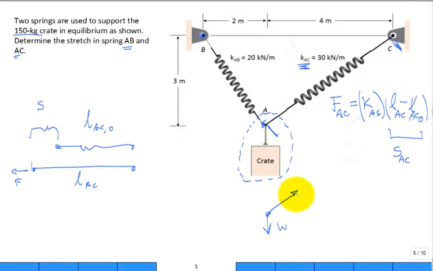It'll be a tension force in the spring A to C, and a tension force in the spring A to B. Does that make sense? Or you do it this way. You don't draw the big circle that way. You just draw a little circle here, and then you did a free body of the crate, and you know that the weight of the crate is the tension in this cable coming down from that joint of the two springs. All right, so this is my F.